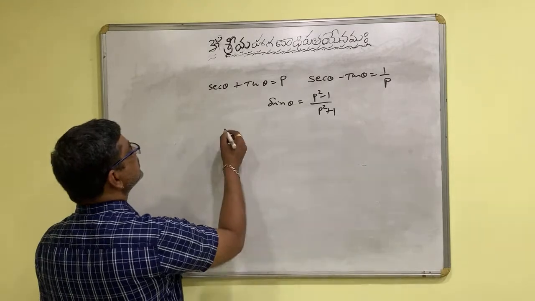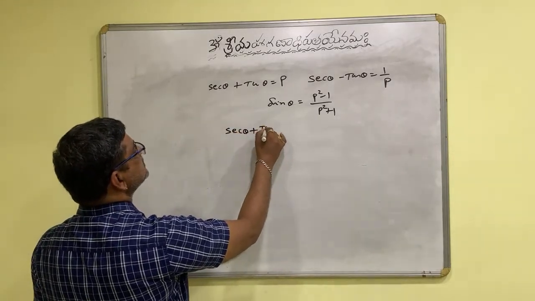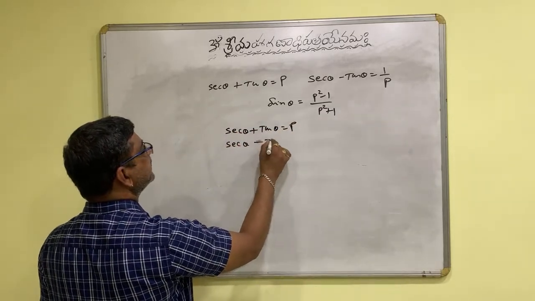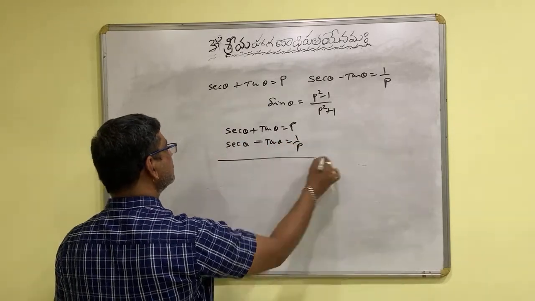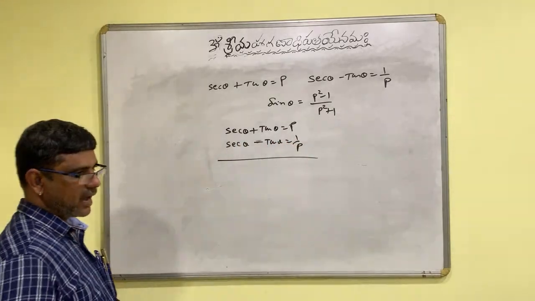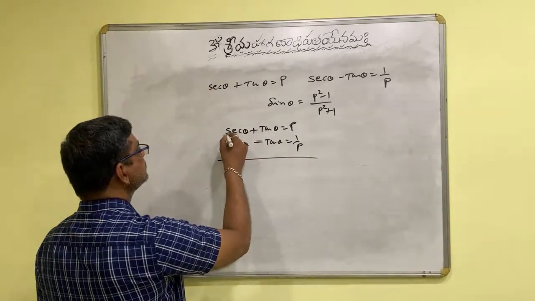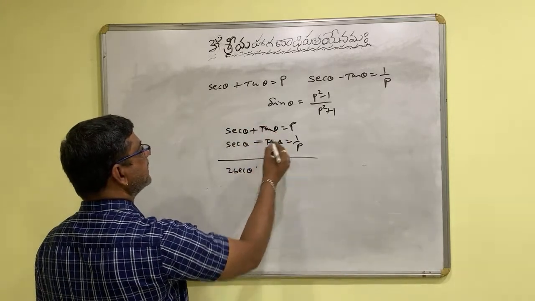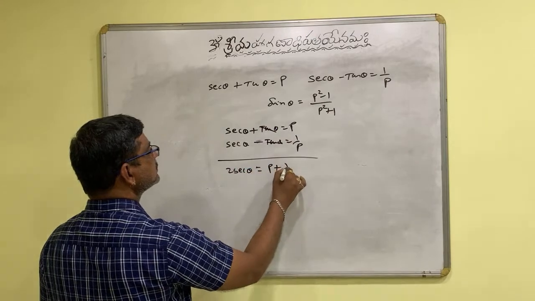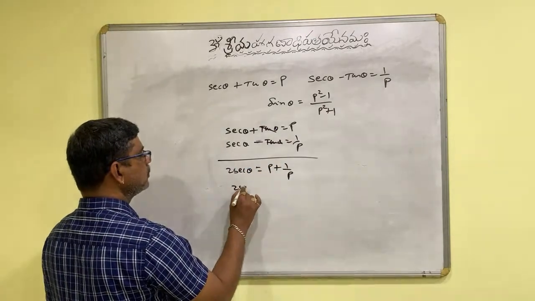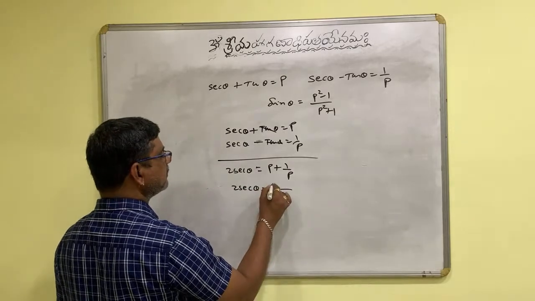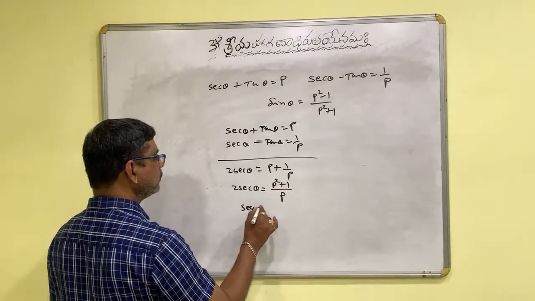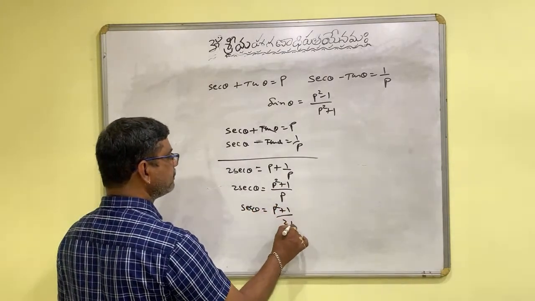Right. See children. Secant theta plus tan theta is given as P. Secant theta minus tan theta is given as 1 by P. Now, if I add these two equations, we get 2 secant theta, and plus tan theta minus tan theta gets cancelled, P plus 1 by P. 2 secant theta is equal to, if I take LCM, P square plus 1 by P. Then secant theta is equal to P square plus 1 by 2P.